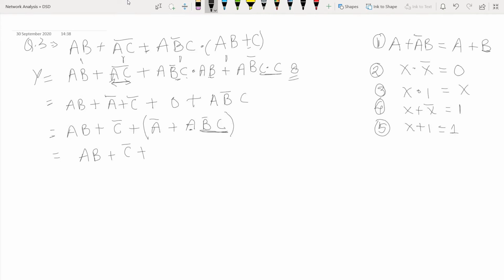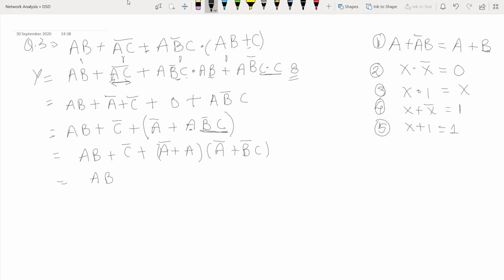Here we will apply the distributive property. So this is A plus B. So this will be A bar plus A, and this will be this plus this. So A bar plus B bar C. Now what will I be getting?